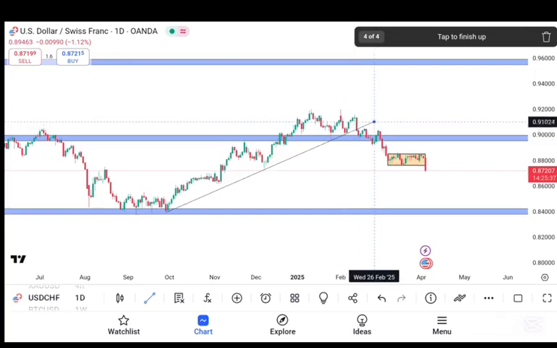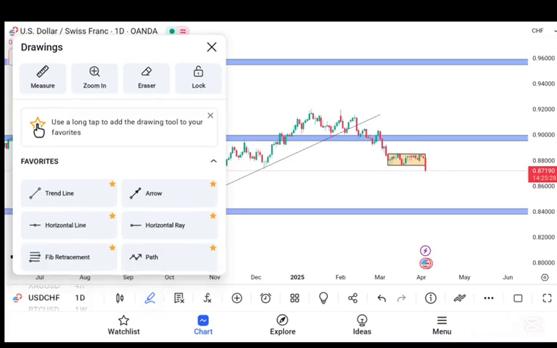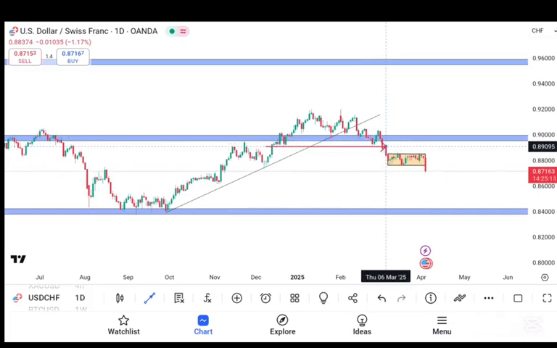So this is what I saw, and I jumped into this market at this point. This is the area I came in. Once the price broke out and retested, I was in for this market. But eventually, I left this market somewhere here.